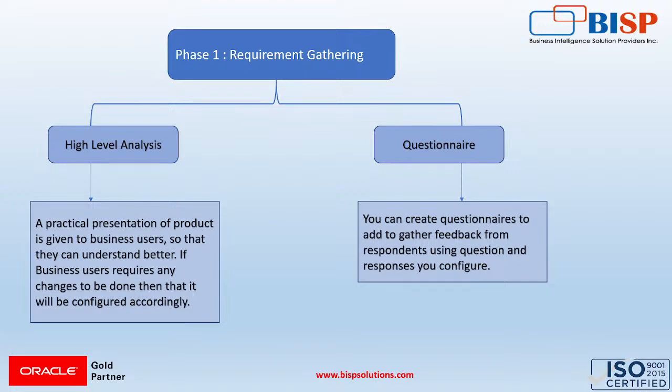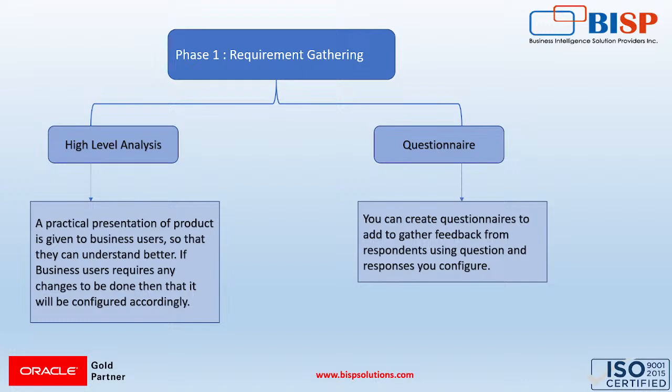Requirement gathering will be of two types, as you can see on the screen: a high level analysis and the questionnaire. High level analysis is typically like a presentation of a product we are going to give to the user, so that they can understand better and say what changes they want.